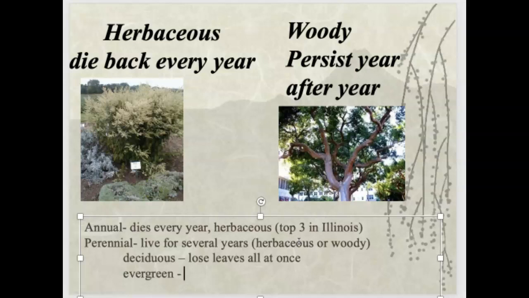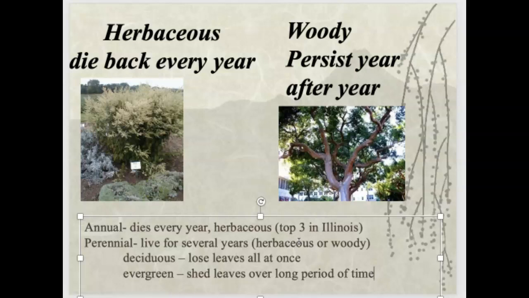Sometimes though we have plants we call evergreen. These are plants that will shed their leaves over a long period of time. Usually we think about Christmas trees or pine trees or what we officially call the conifers. And those are evergreens that are constantly shedding needles, their leaves.